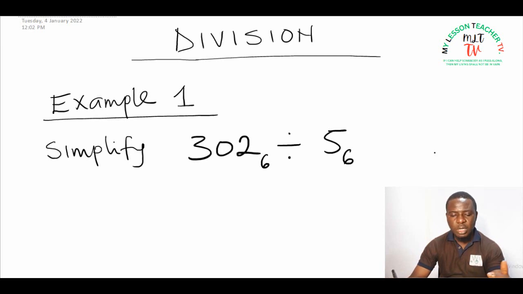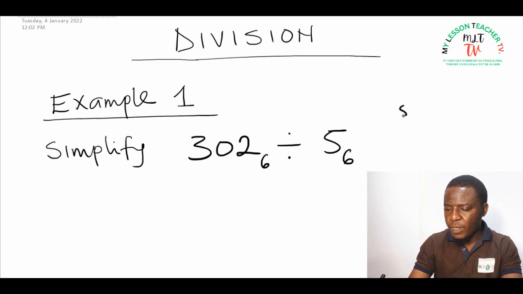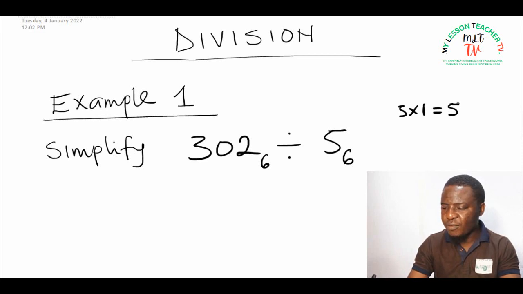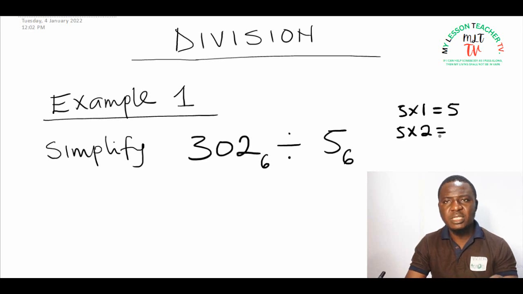For example, example 1 says we should simplify 302 base 6 divided by 5 base 6. To divide 302 base 6 by 5 in base 6, knowing the multiplication table of 5 in base 6 is necessary. That is, 5 times 1 is 5, and 5 is a digit in base 6. 5 times 2 is 10 in base 10, but 10 is not a digit in base 6.